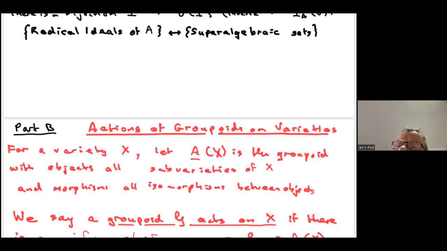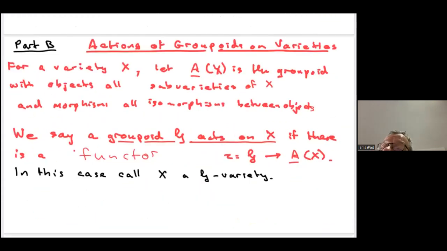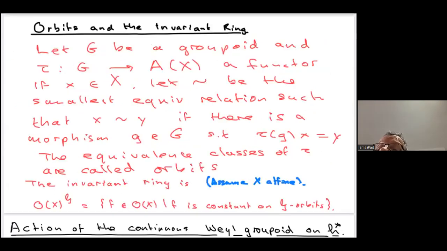Well, I just want to briefly tell you about actions of groupoids on varieties. For a variety X, A(X) is the groupoid with objects all subvarieties of X and morphisms the isomorphisms between objects. We'll say that the groupoid G acts on X if there's a functor from G to A(X).